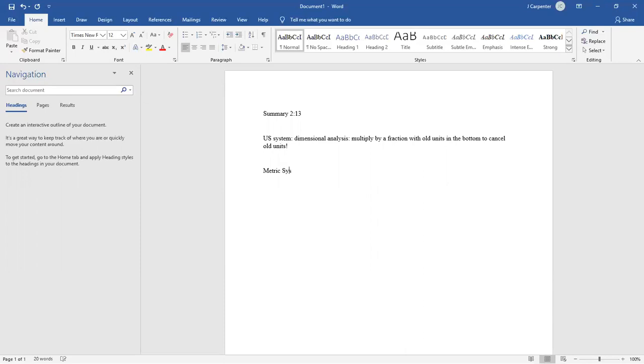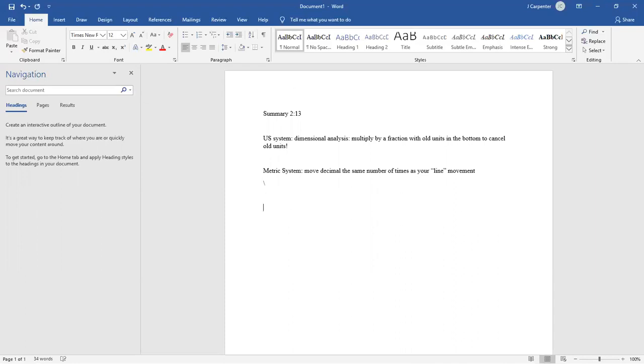Metric system is all about moving the decimal the same number of times as your line movement. And what I mean by line is that line with the kilo, the hecta, the centi, the deci, all that stuff.